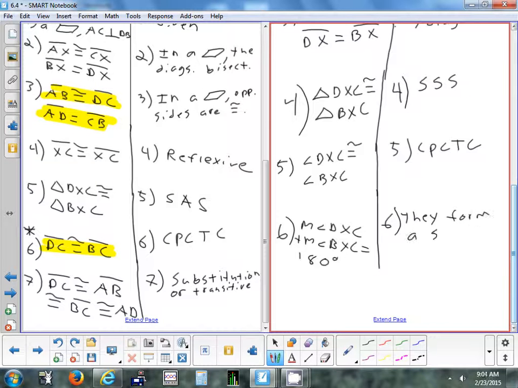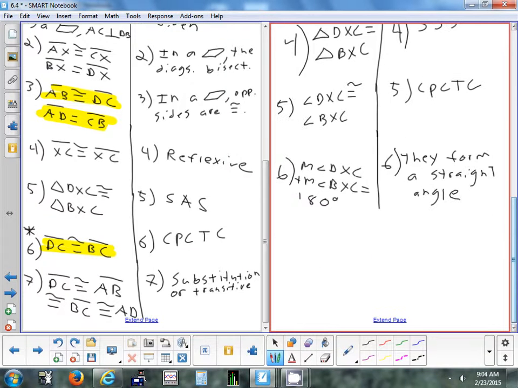Reason? They form a straight angle. Okay, now what I'm going to do is change this using what I said in statement 5. BXC and DXC are exactly the same thing.